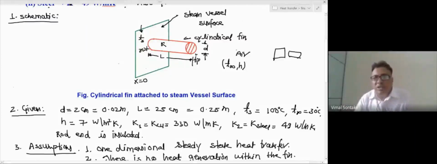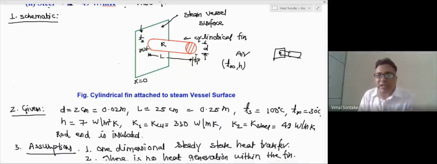See, when these two surfaces are joined, when there is a perfect contact between the two surfaces and while heat is being transferred by conduction, it is assumed there is no temperature drop.